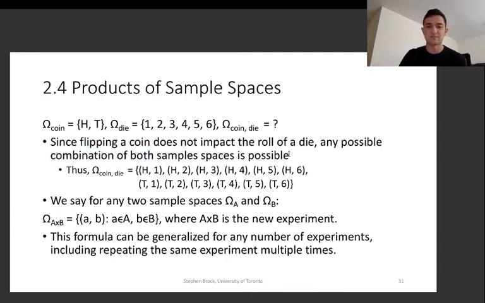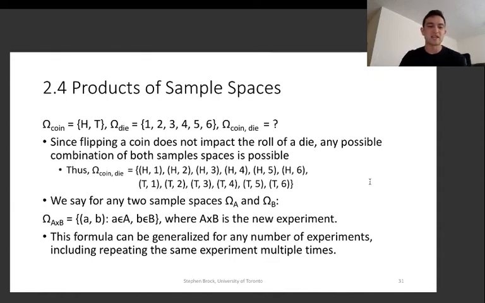Therefore, the sample space that we're concerned with is all the values of both of those individual sample spaces. So we have H1, a head and then rolling a 1, a head and then rolling 2, tails and rolling 1, tails rolling 2, all the way up to tails rolling 6, right?